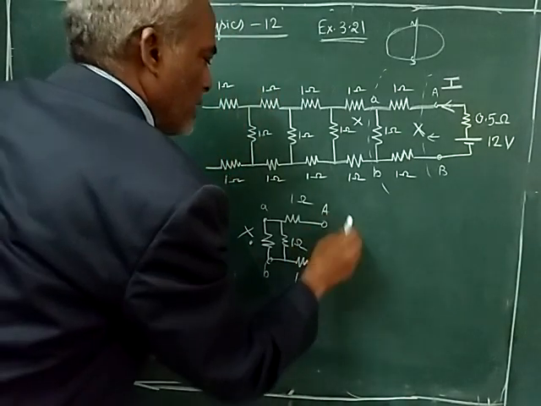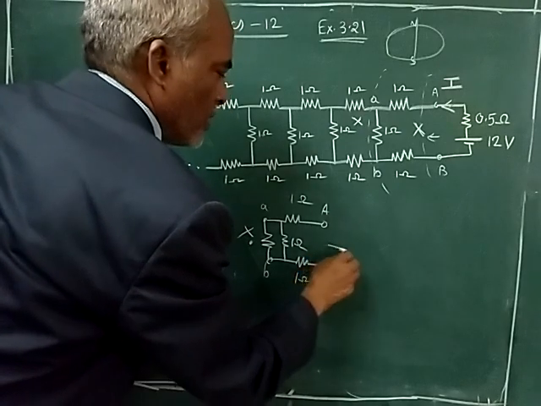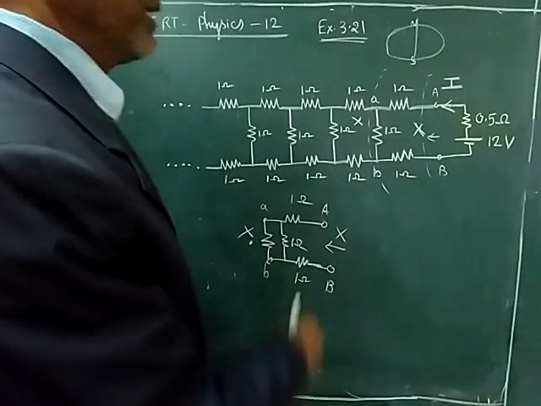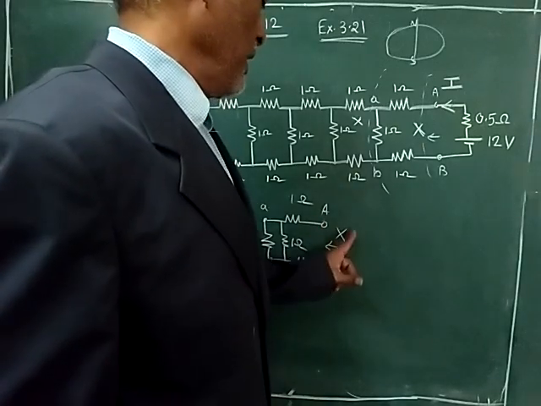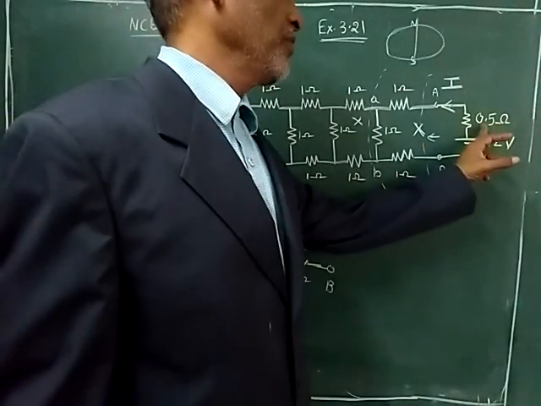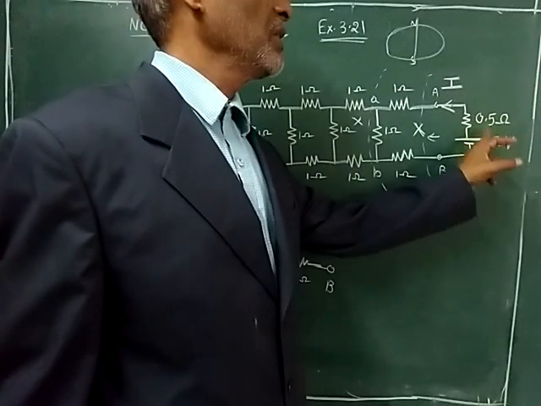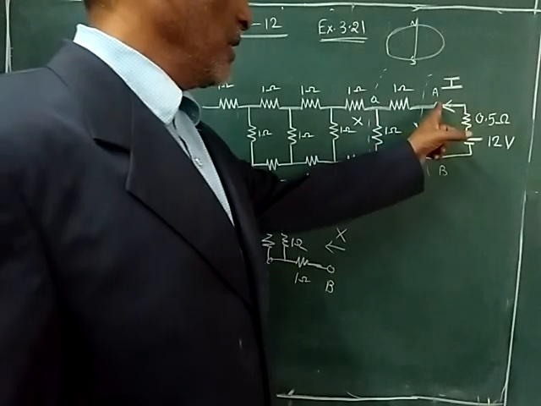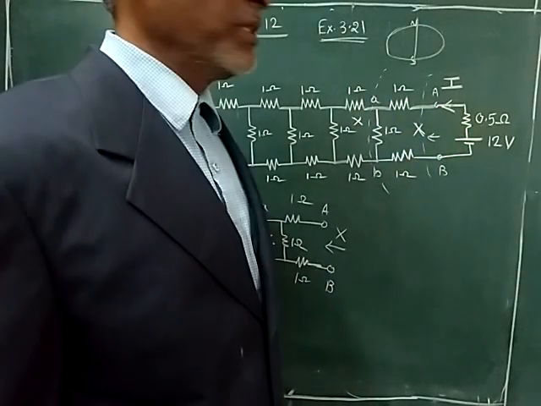This is capital A and capital B. From here, if you view, it will also be X, as I explained just now. And between A and B, we are connecting the 12 volt voltage source with the internal resistance of 0.5. Now we have to see the equivalent resistance between these 2 points.